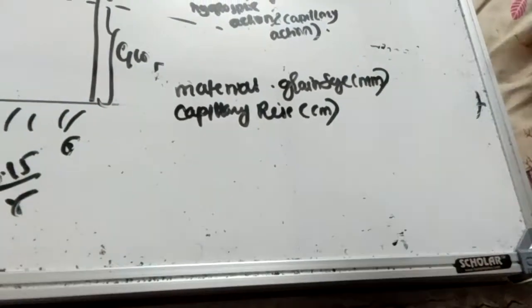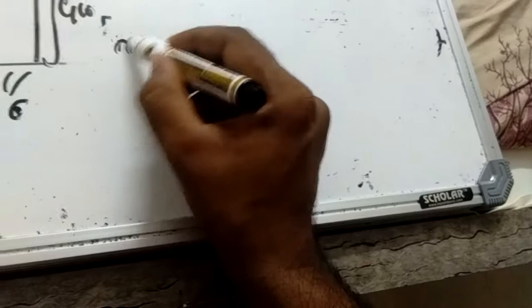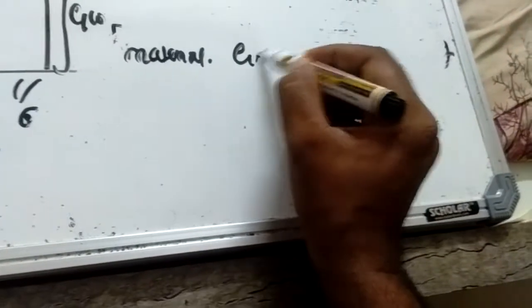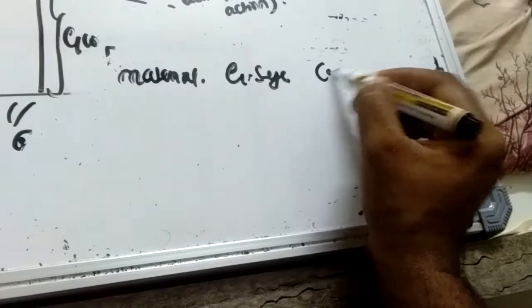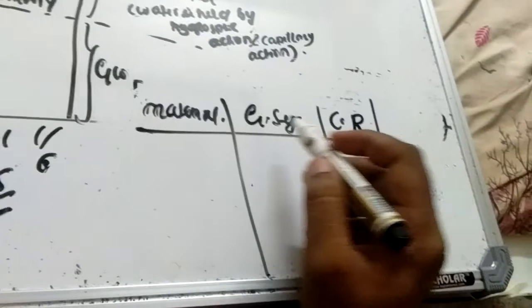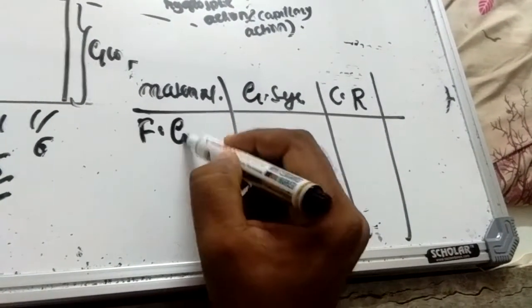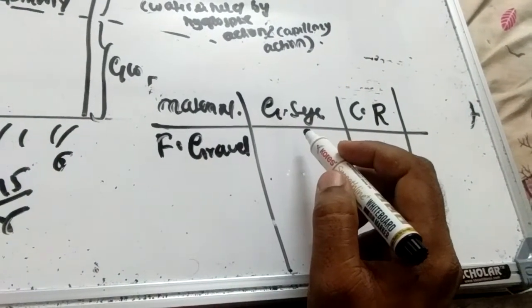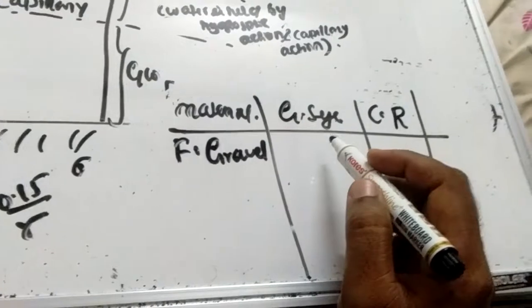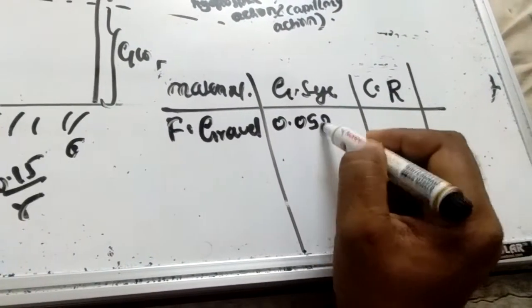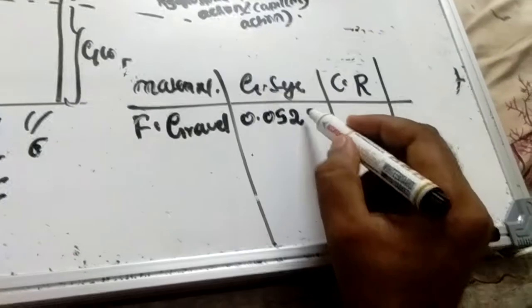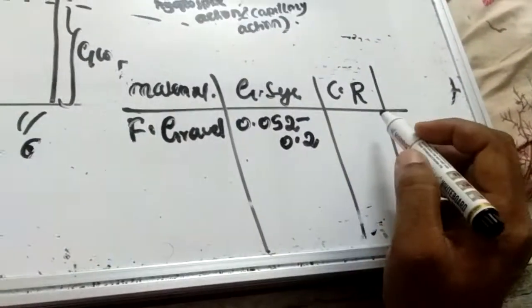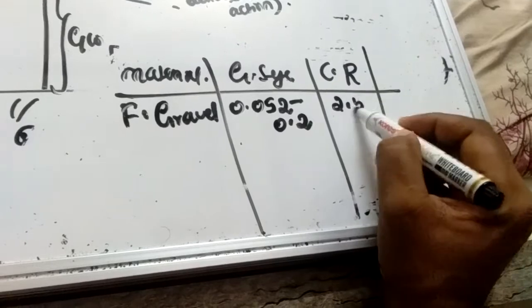We can say that the capillary rise is as low as 2.5 centimeter. For fine gravel, the grain size is 0.05 to 0.2 millimeter, and the capillary rise is 2.5 centimeter.